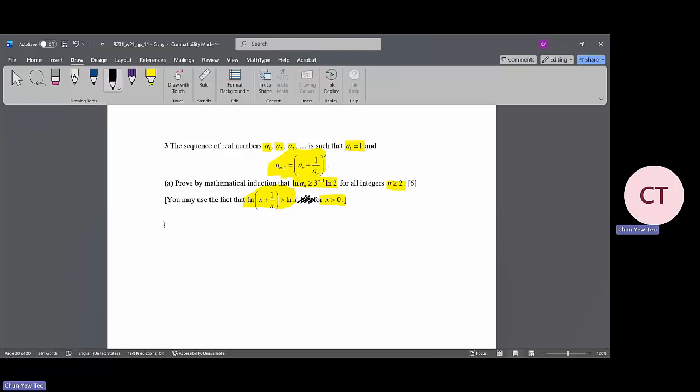So we need to start from n equal to 2. So when n is 2, I need to show that ln a2 is greater than or equal to this. But I need to find a2 first. So a2 equals a1 plus 1 over a1 cubed from what is given in the question.